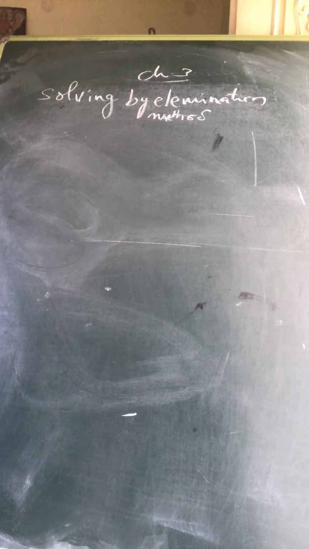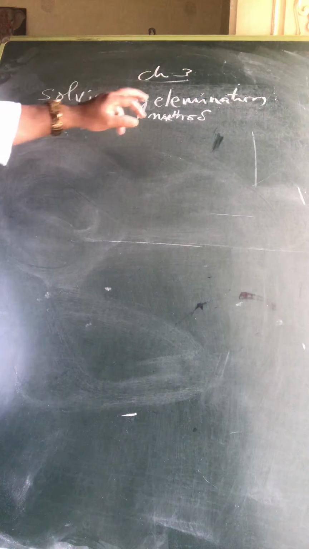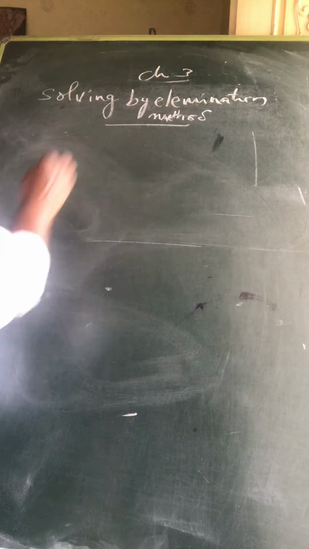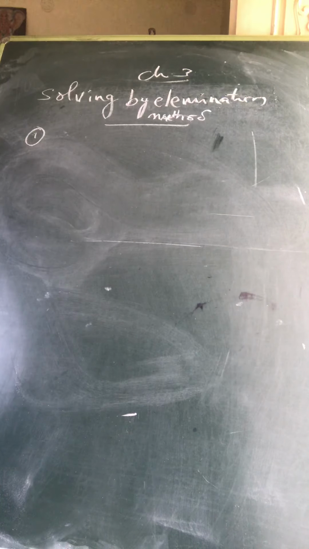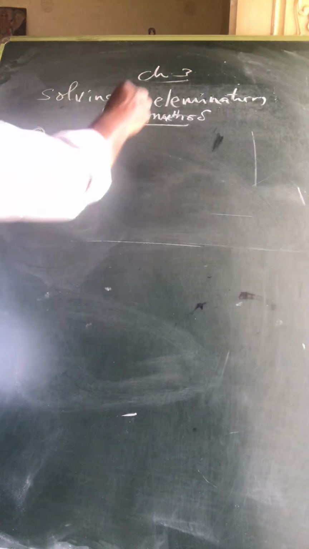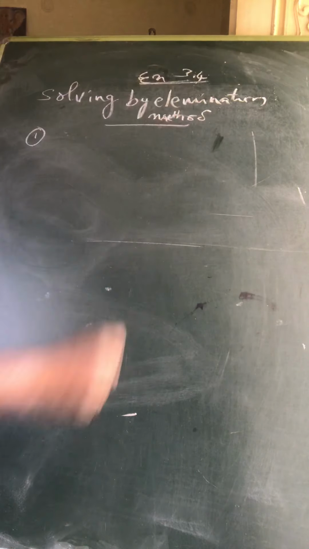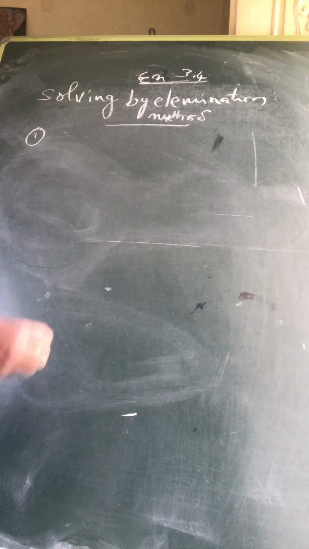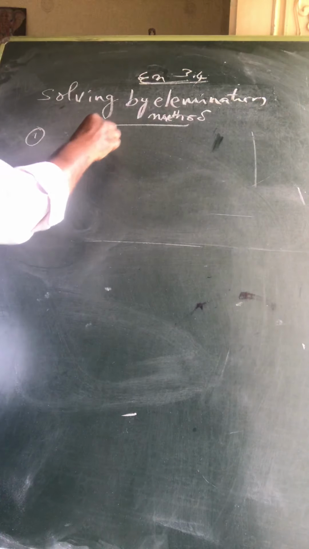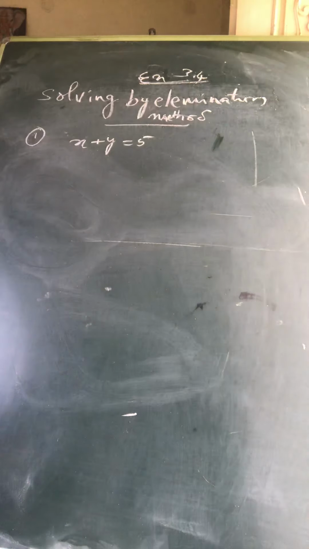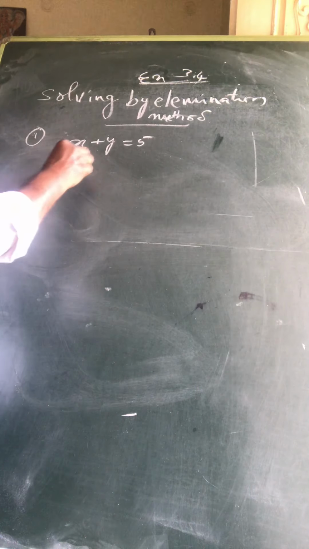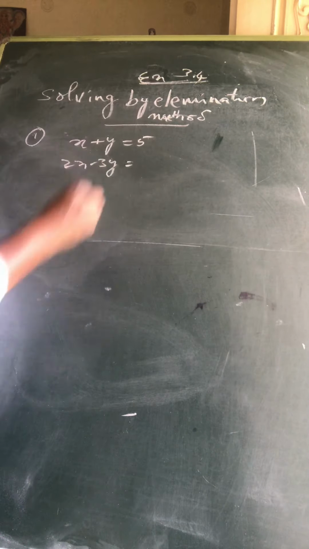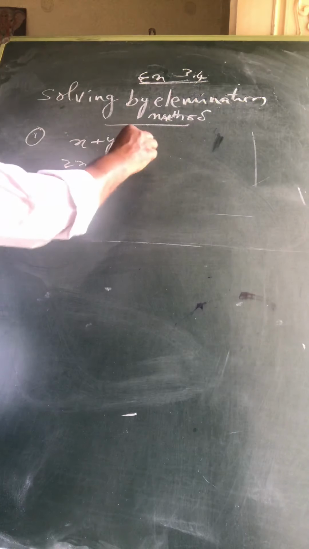So now you can take an example, solving by elimination method. One problem we are taking from Exercise 3.4. x plus y is equal to 5, and one more, 2x minus 3y is equal to 4.